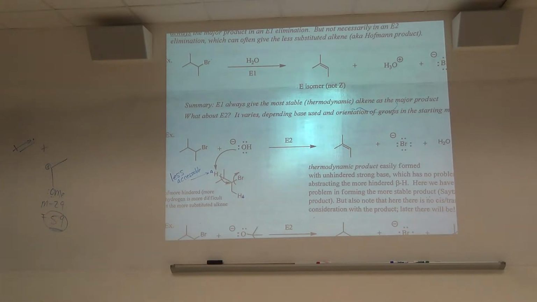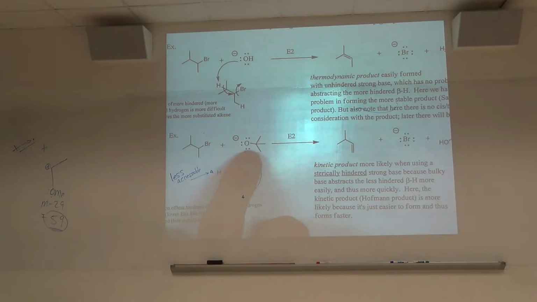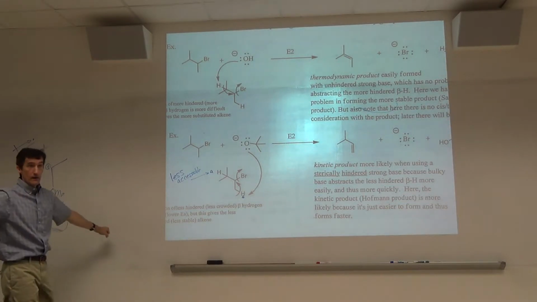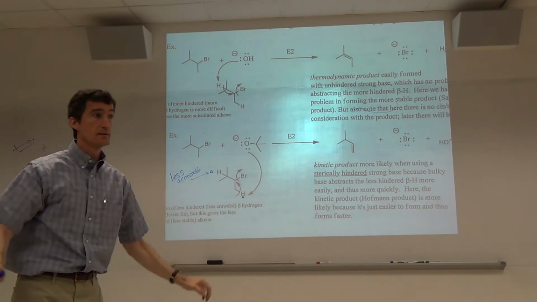Let's look at the difference below. Below, our base is now more sterically hindered. Now our base has these groups on it that add like wings. And as they approach the H, the wings kind of get in the way.